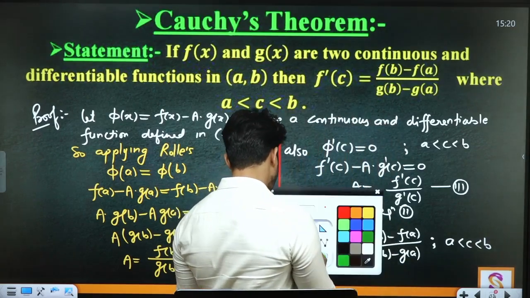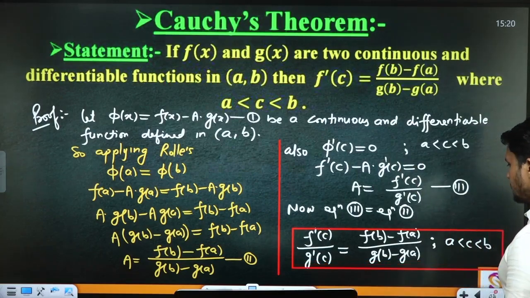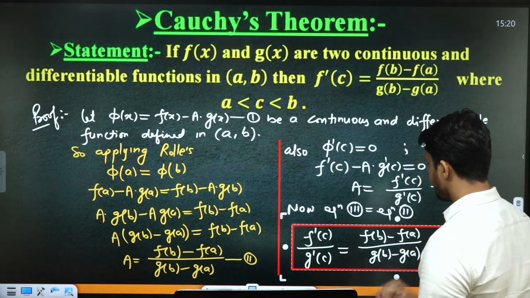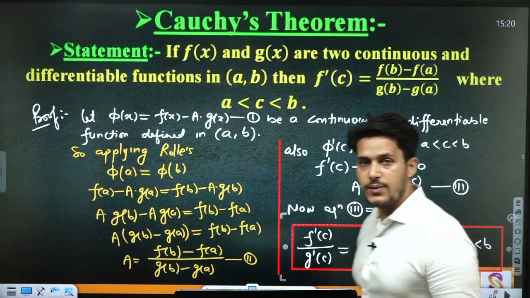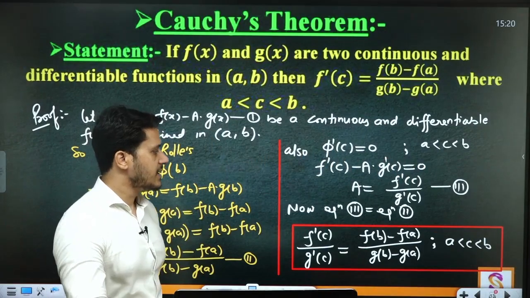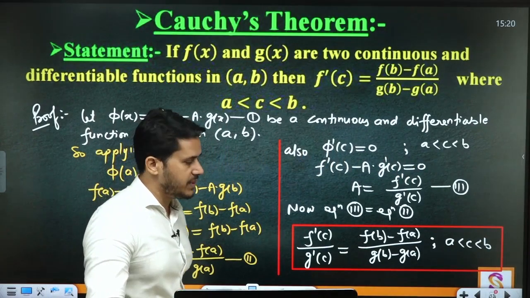So this is the statement of Cauchy's theorem, applicable for two functions fx and gx. So f dash c upon g dash c equal to fb minus fa upon gb minus ga, where c lies between a and b, a और b में.